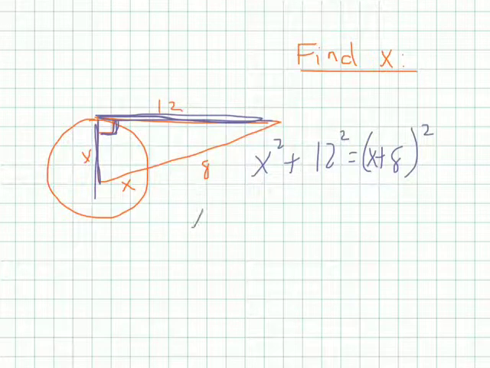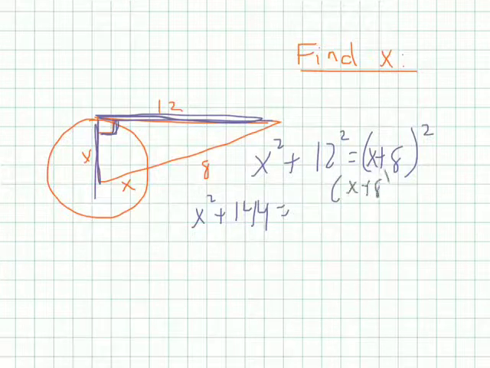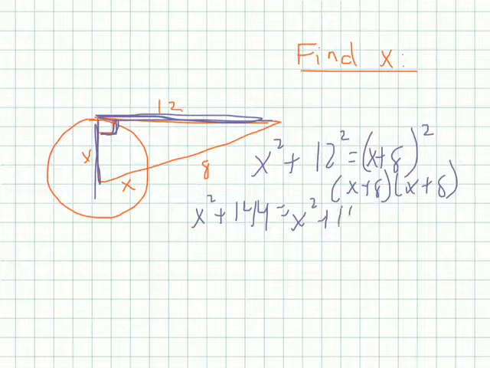So once again, we'll have x squared plus 144 equals, and we could expand x plus 8. That's going to give us x squared plus 16x plus 64. Let me use a different color here.